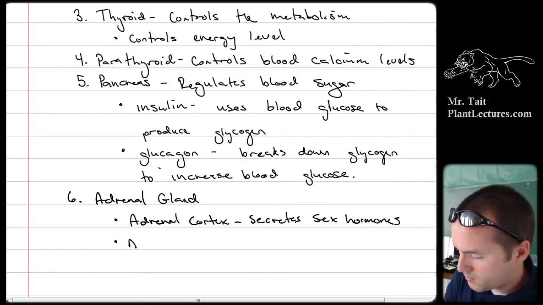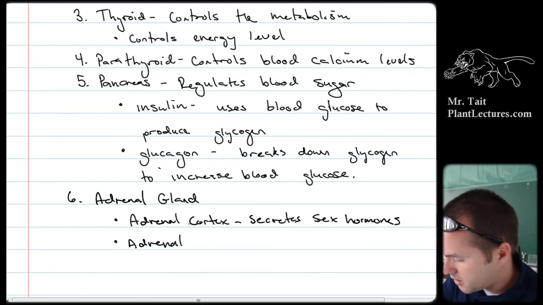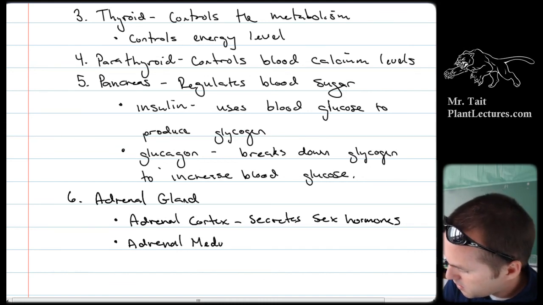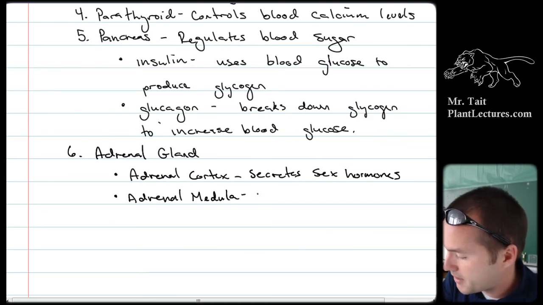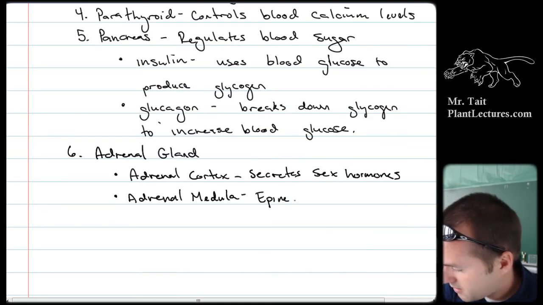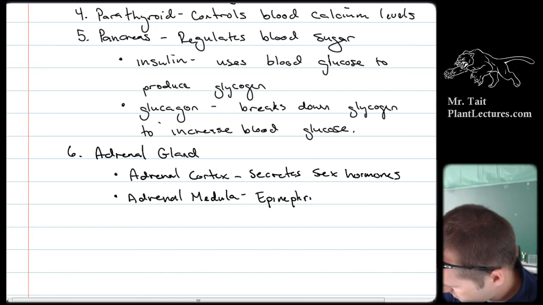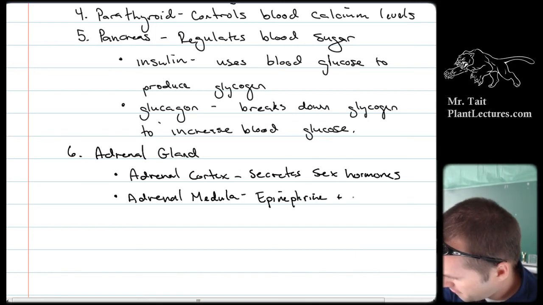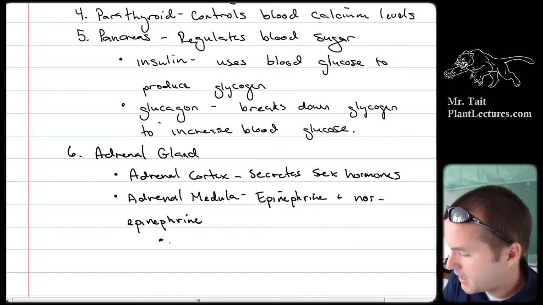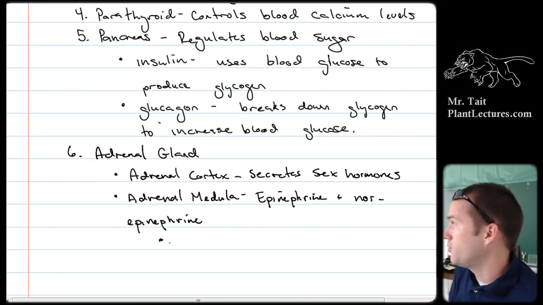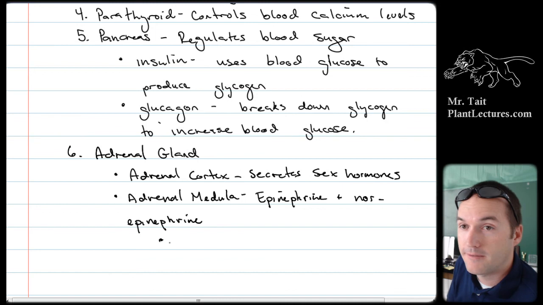And then the one that you normally think about when you think about the adrenal glands, and that is the adrenal medulla. And the adrenal medulla has epinephrine and norepinephrine. And we usually refer to epinephrine and norepinephrine as what?